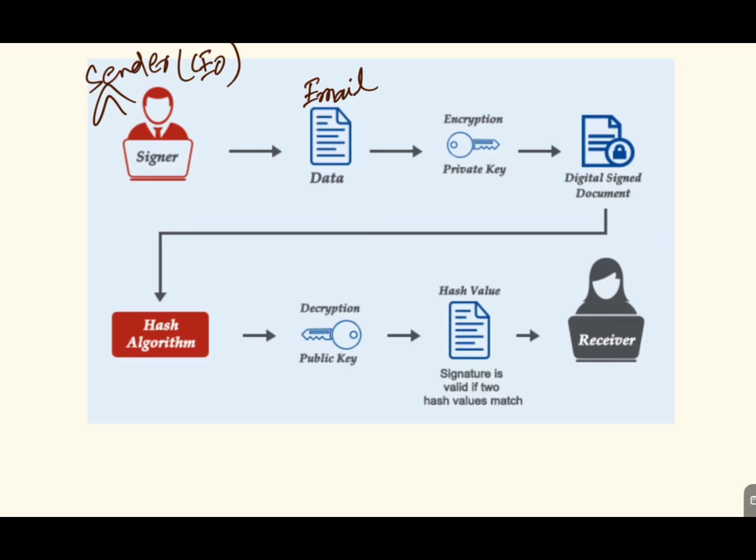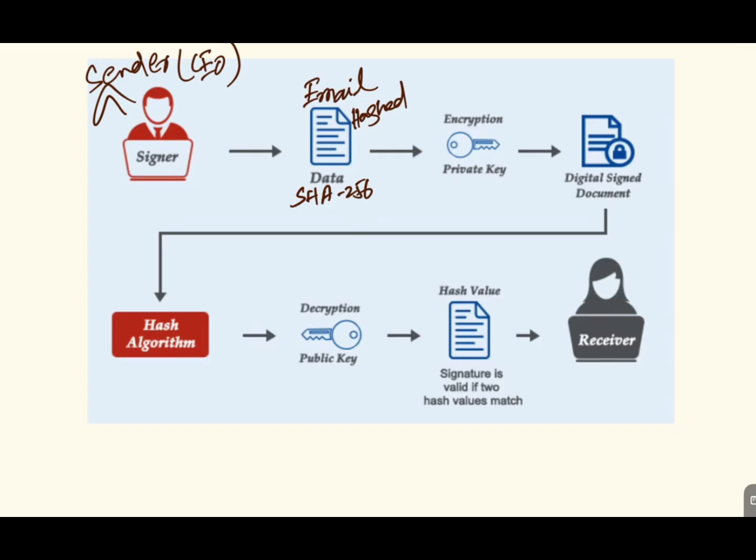The email content is hashed using a secure hash algorithm. In this case, just assume that we have used SHA-256. So this email content is hashed using the SHA-256 algorithm.